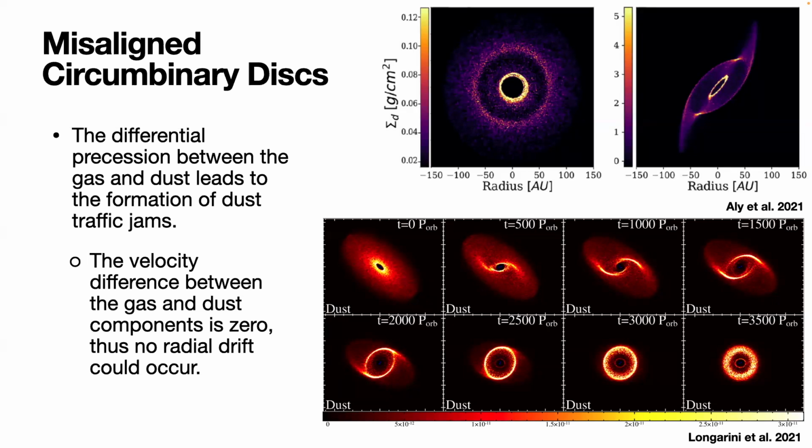So the co-precession radius is the radius at which gas and dust will precess at the same rate at that point in time. Around that co-precession radius, your velocity difference goes to 0, and so there's no radial drift that occurs, and you get this dust traffic jam, so this pileup of dust. And this is different than a traditional dust trap because there are no pressure gradients at that location. It's just due to a traffic jam, so everything's just slowing down at that location, and it creates a coherent dust ring.